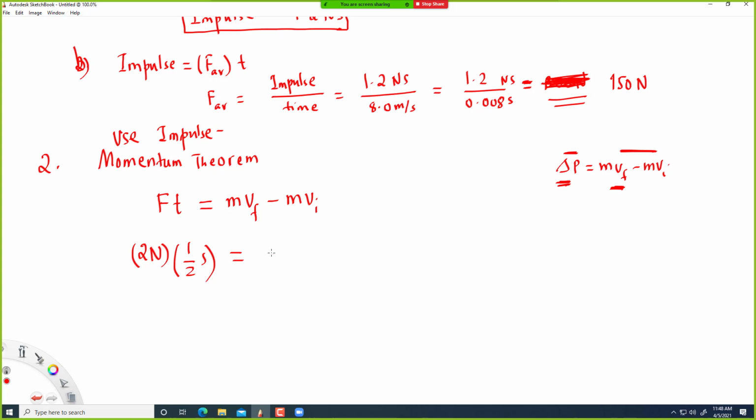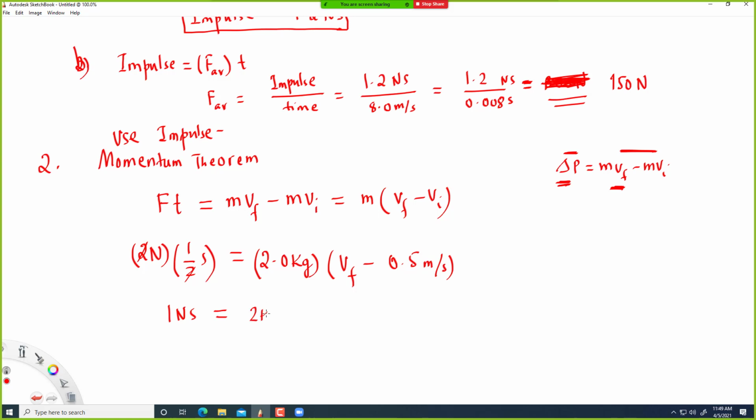And we have mass and mass common here, so you can actually write this as m times v final minus v initial. So mass is 2 kilogram. v final is what we need to find, and v initial is the object is initially moving at 0.5 meters per second. So this 2 and 2 cancel. So we have 1 Newton second on the left side. On the right side we have 2 kilogram times Vf minus 0.5.